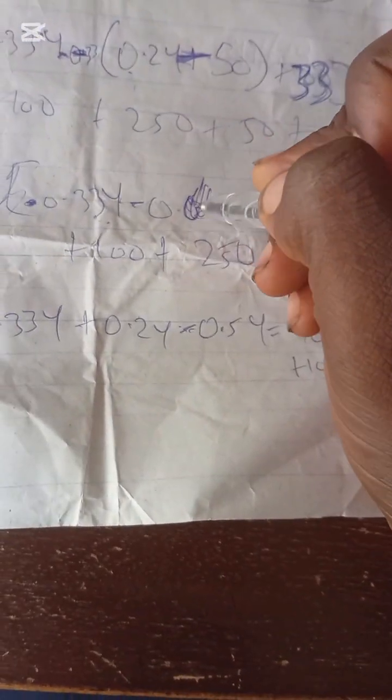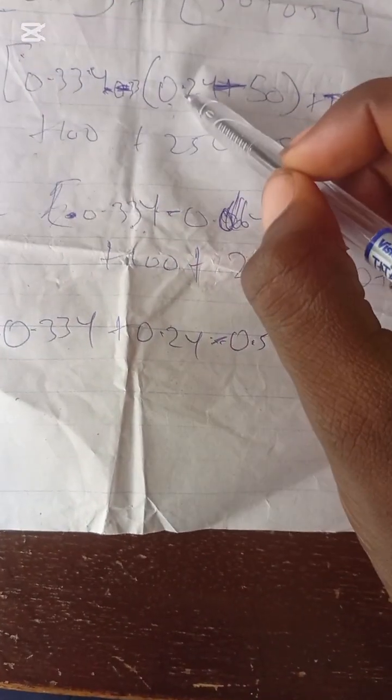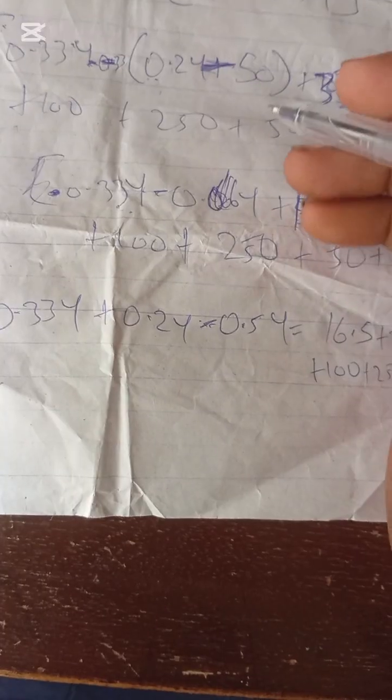But I forgot to times it here. So 0.33 times this is actually 0.066, right? Because at the end of the day, 0.33 will times the 0.2 and will times the y. So this is actually 0.066y minus 0.5.